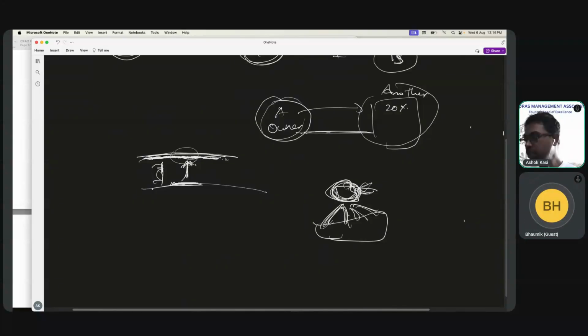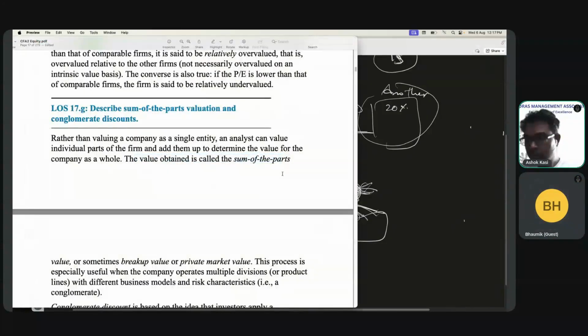It is holding shares, but that doesn't mean it is holding majority shares. There is no guarantee. Because it does not have control over all the subsidiaries, the market will not value this company very highly. It will give some discount, which means it is trading at the lower rate. That's why it is a conglomerate discount.